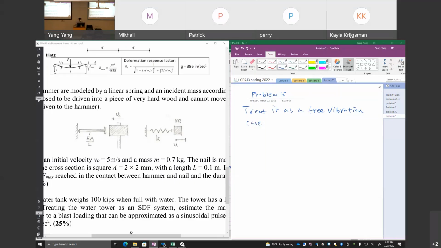If it's a free vibration, what is the solution of a free vibration system here? So without any damping, right? So no damping here.